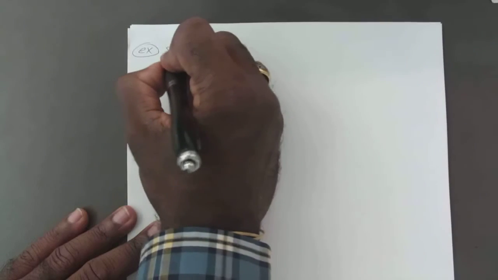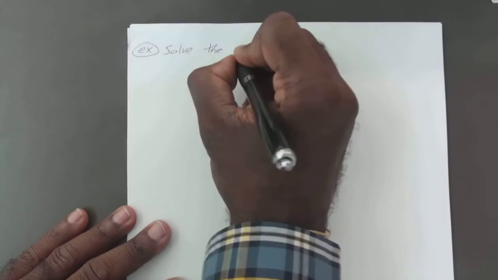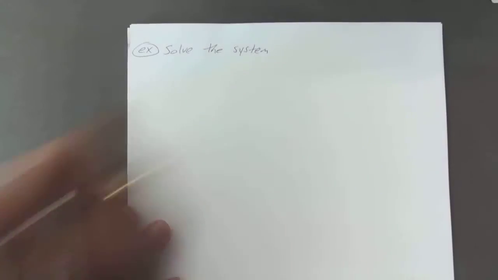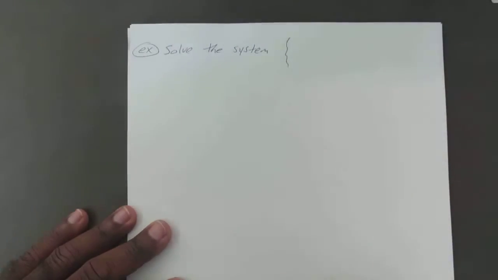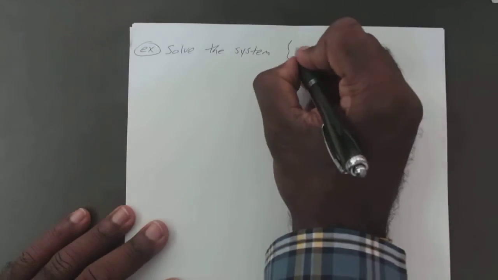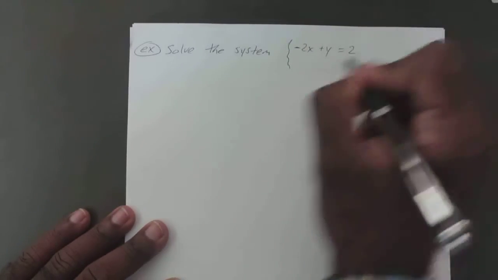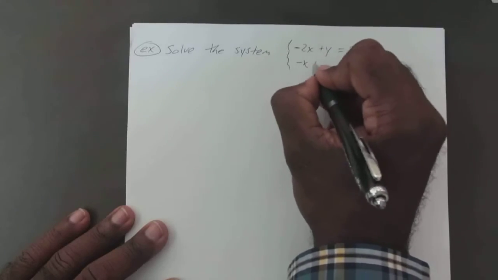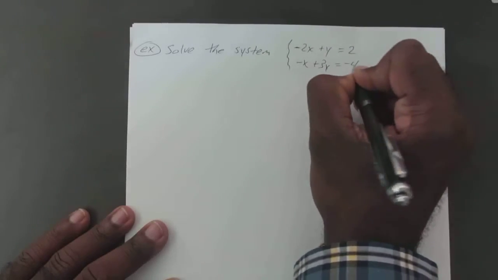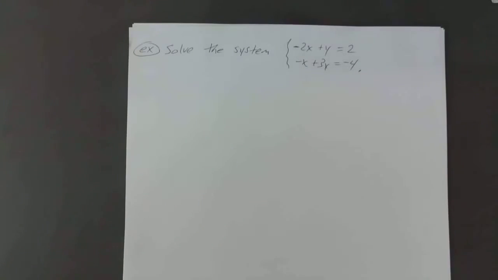Okay, so if we want to solve the system, negative 2x plus y equals 2, and negative x plus 3y equals negative 4. And again, if we want to solve it by substitution, we could. We can just subtract 3y, multiply both sides by negative 1. We have our x. But we're going to go ahead and use the elimination method.